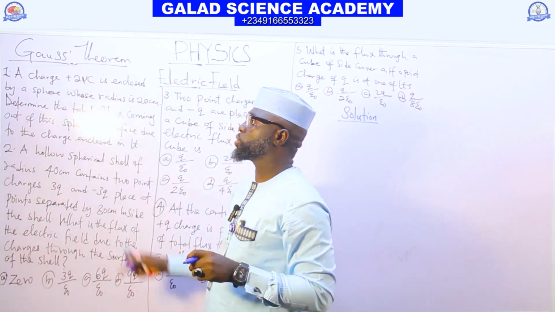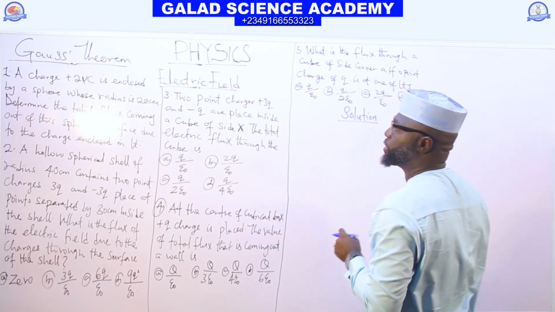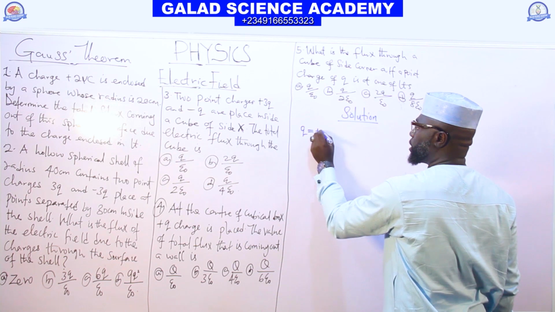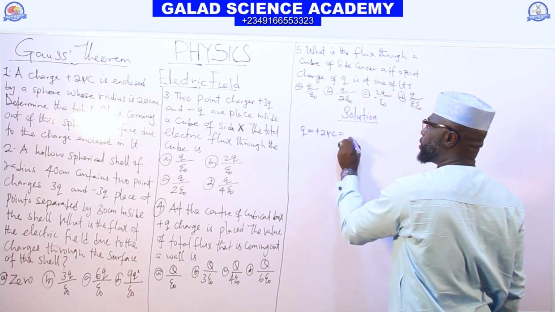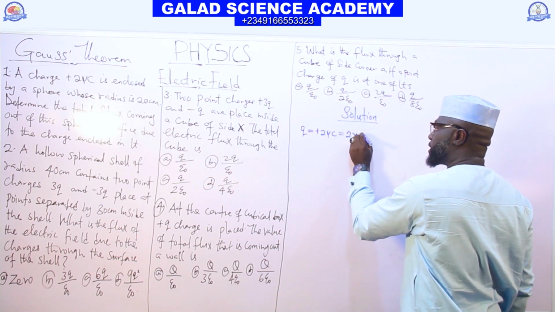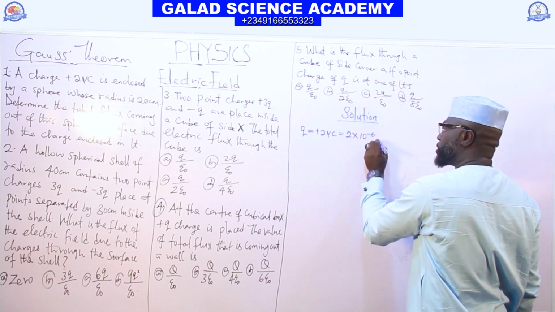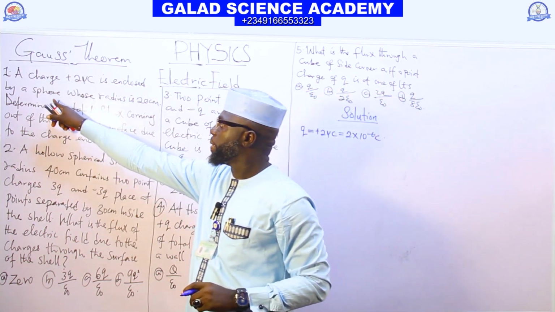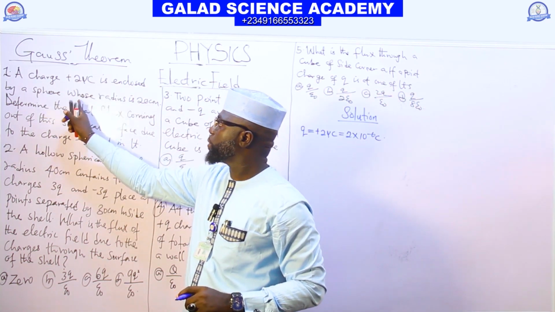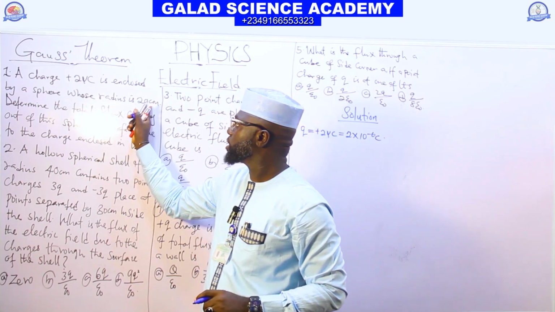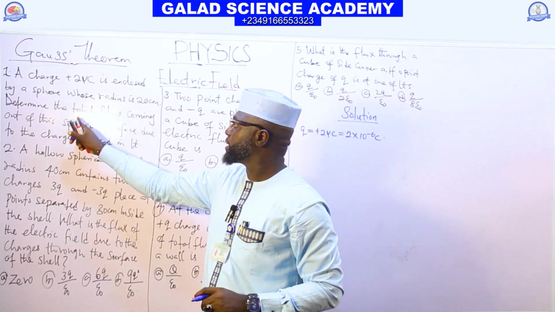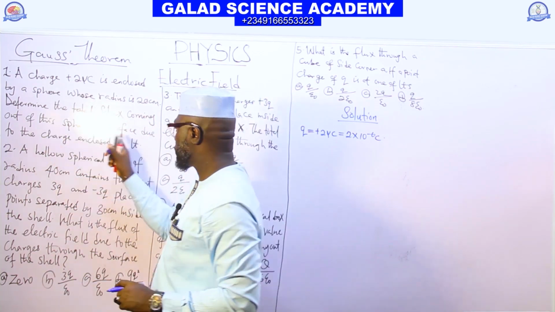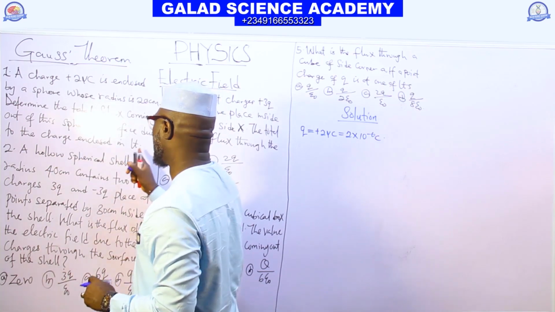A charge of plus 2 microcoulomb, which is 2 times 10 raised to the power minus 6 coulomb, is enclosed by a sphere whose radius is given. Determine the total flux coming out of the spherical surface due to the charge enclosed by it.